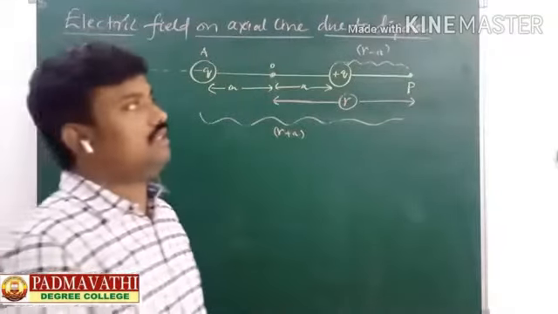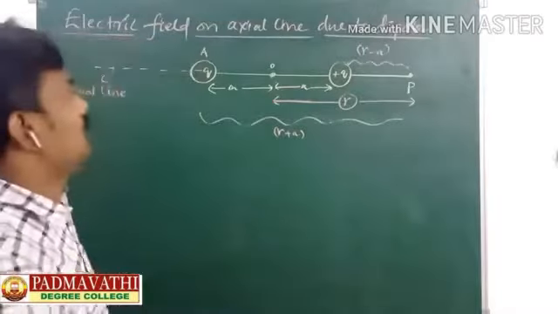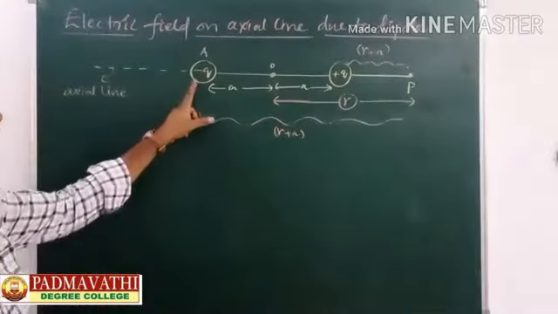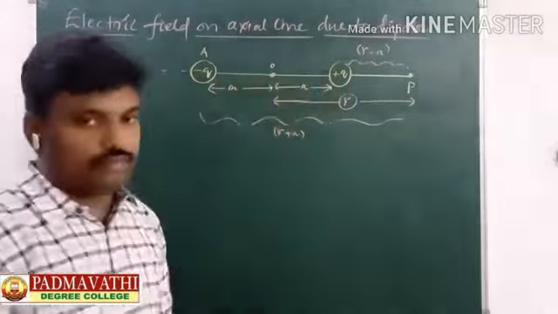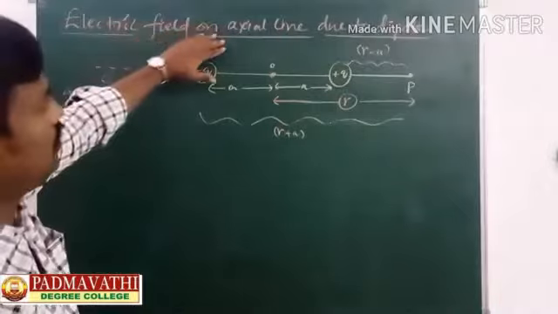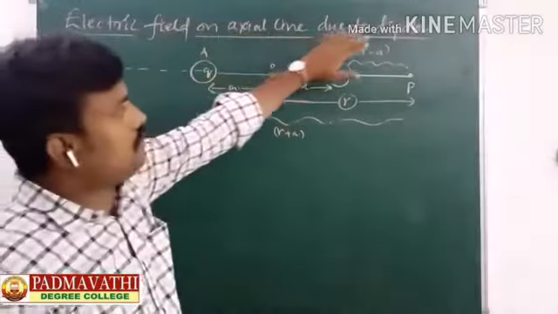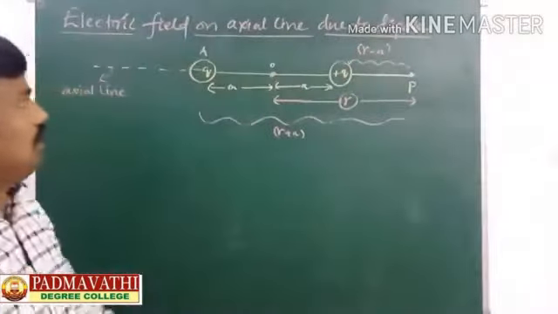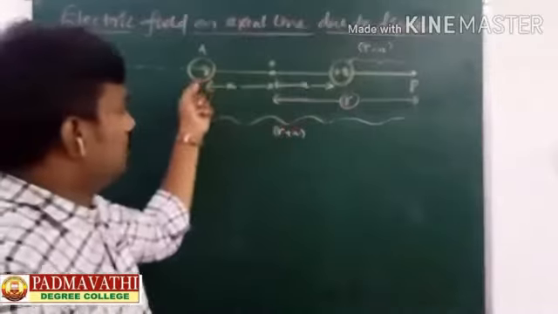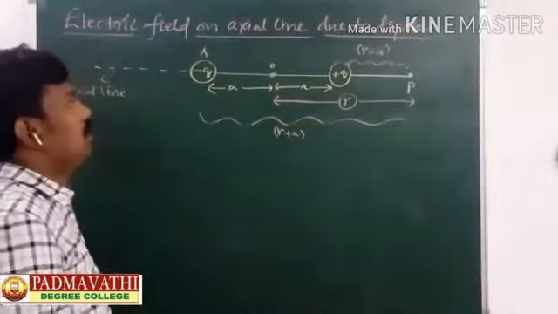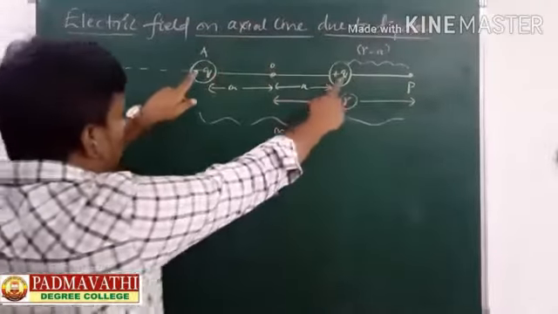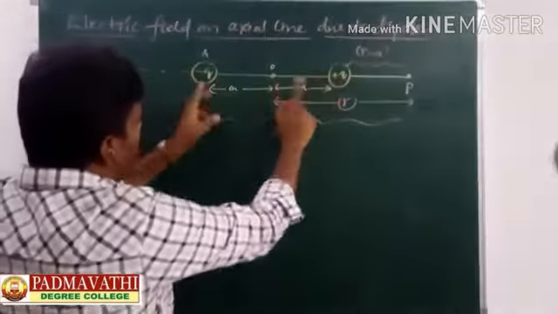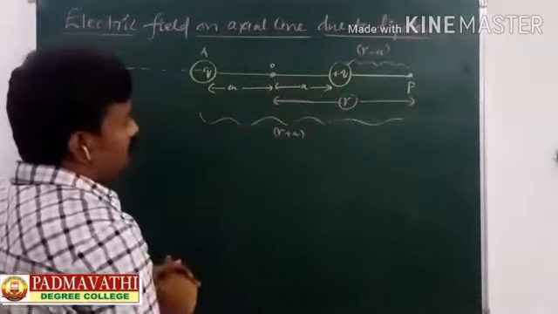So for that purpose, I am going to take an electric dipole. What we are going to find out now is the electric field on the axial line due to an electric dipole. So I am going to take one dipole here. The dipole midpoint is O, and the distance between the two poles is going to be 2a.